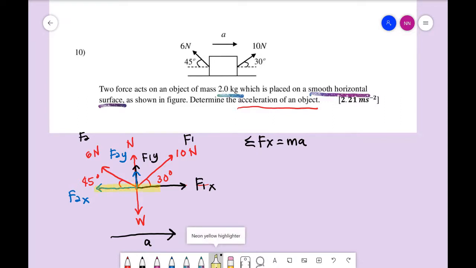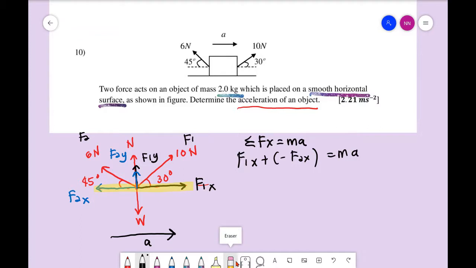We have F1x and F2x, where F1x is in the same direction as A, so F1x is positive, and F2x is in the opposite direction of acceleration A, so F2x is negative. So it will be F1x plus negative F2x equals MA.